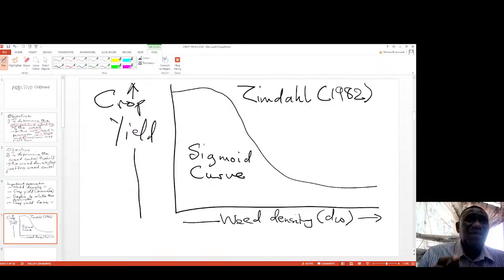Then suddenly you have got a large decrease in yield. Then it tails off, and it gives us this sigmoid curve, a slanted S-shaped curve. Now let's see if we were to plot crop yield loss versus weed density.